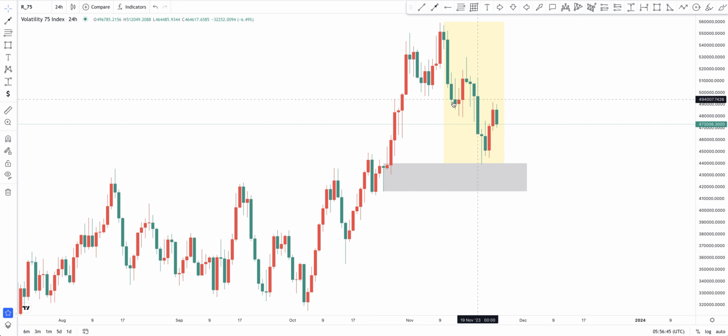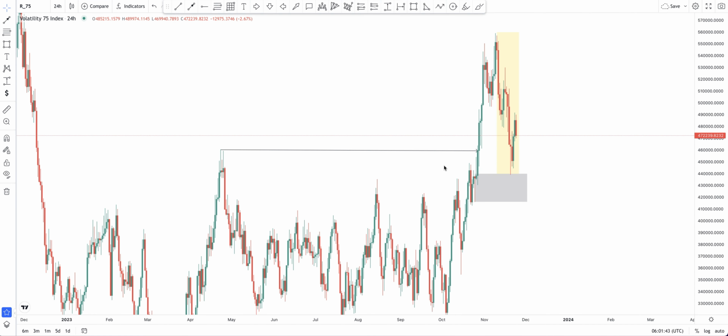This is supposed to be a playback, but let's forget about it and talk about the current demand zone and how I was able to take this entry, or how I managed to know that price will come back to this zone and then start buy.